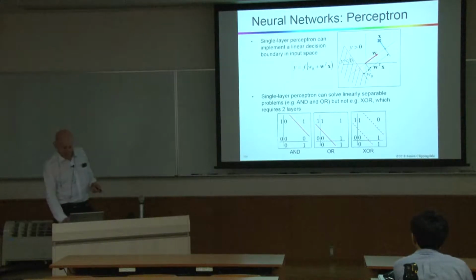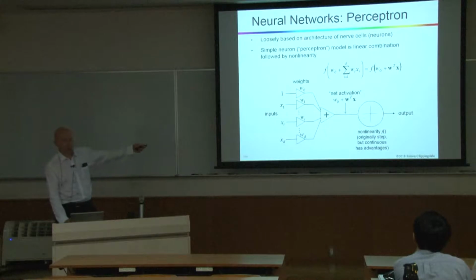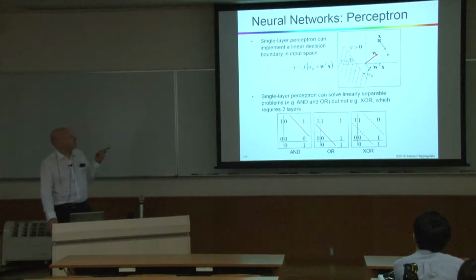So a single layer perceptron, which is literally just this thing, can implement a linear decision boundary. The output will be negative in this shaded region here, positive in this region up here. Here's your weight vector. The decision boundary is perpendicular to the weight vector.